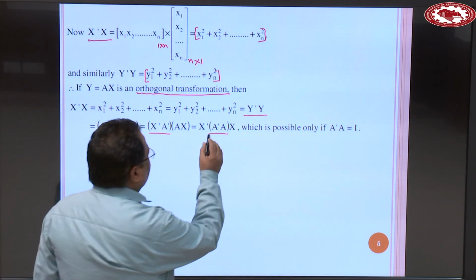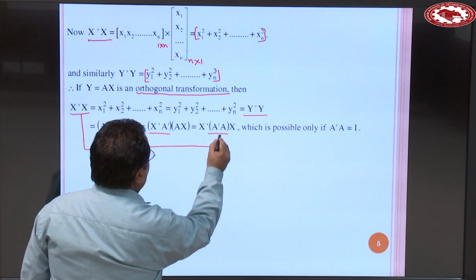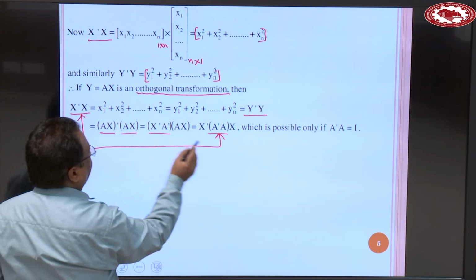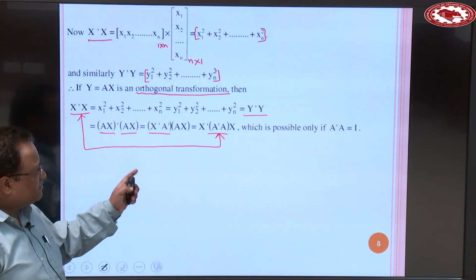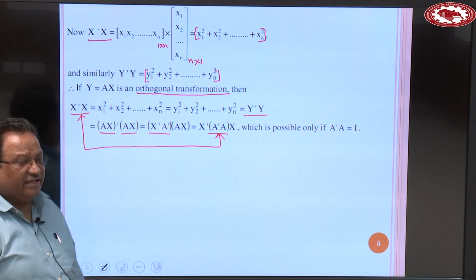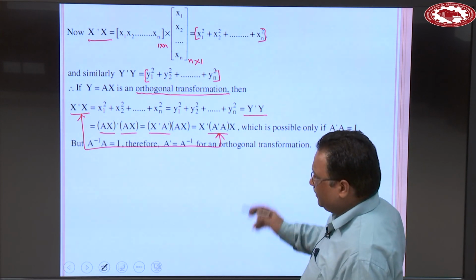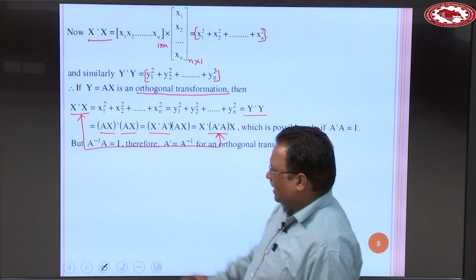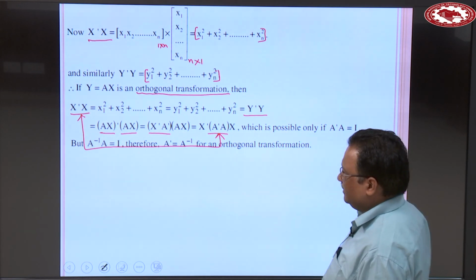Clear? And this result is equal to x dash x, only possible if A dash A is equal to I. Okay? So, this is possible only if A dash A is equal to I. Clear? But we know that A inverse A is equal to I, therefore, A dash is equal to A inverse. Okay?